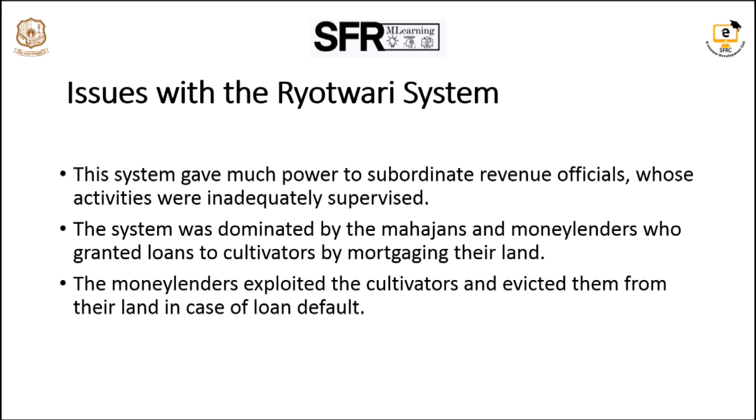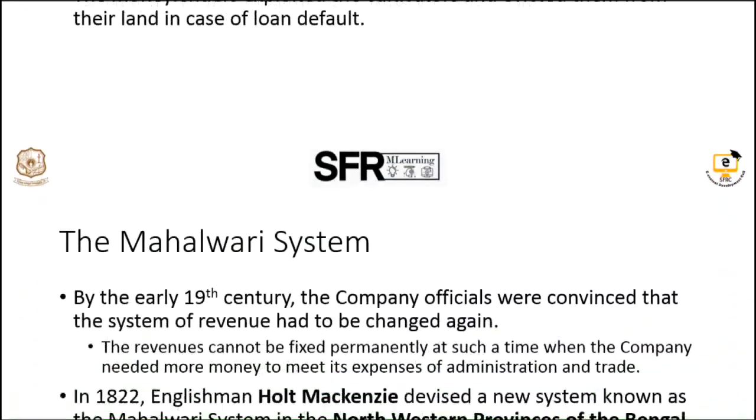That means the land has been permanently given to the farmer for certain years, so they can sell or give lease, but the cultivators get loans from the moneylenders. The moneylenders exploited the cultivators and evicted them from the land in case of loan default. So in time of famine and other natural calamities, they were not able to pay the loan. At that time, the moneylenders exploited the cultivators and evicted them from the land.